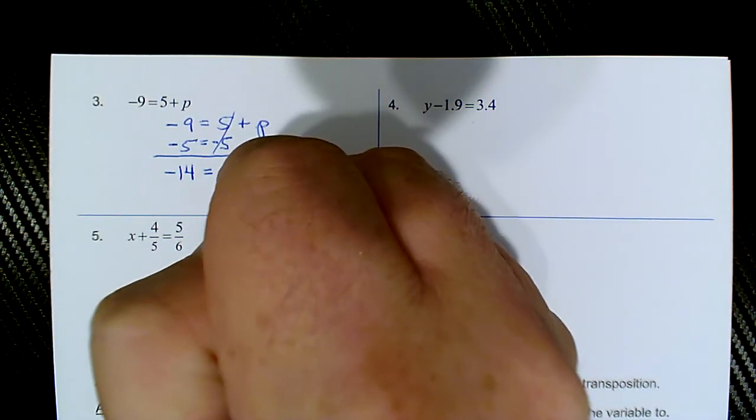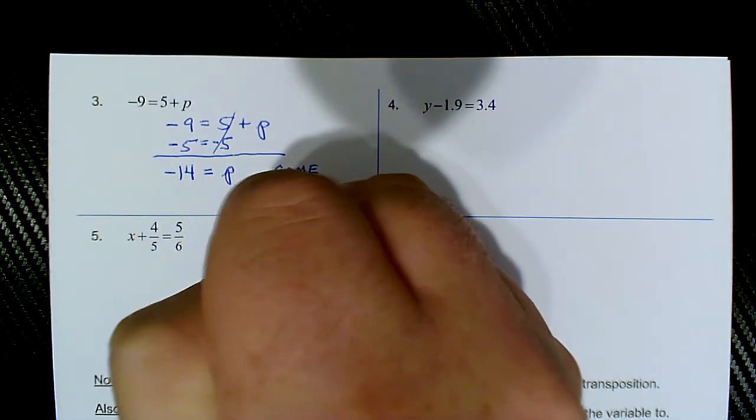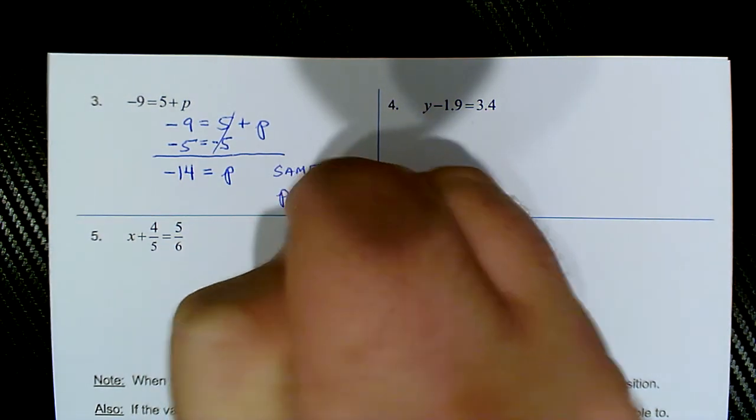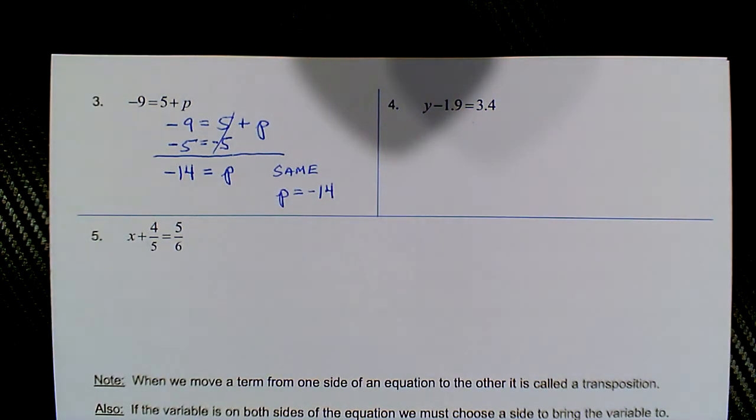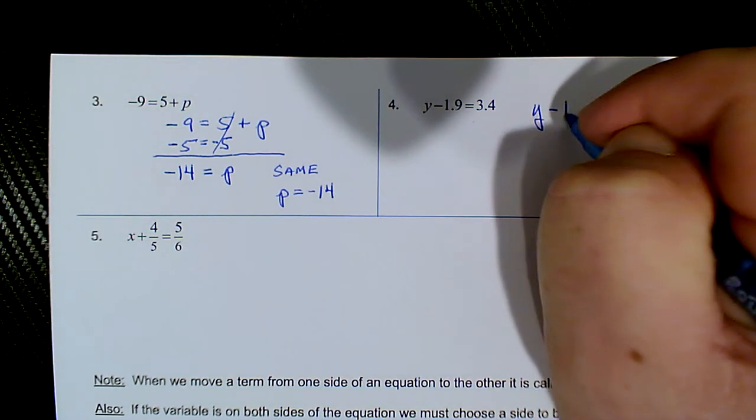So that's the same as saying that p equals -14. Okay, we talked about that before when we solved proportions. You don't have to rewrite it. You can just leave it that -14 equals p. And just read it from the right. P equals -14.